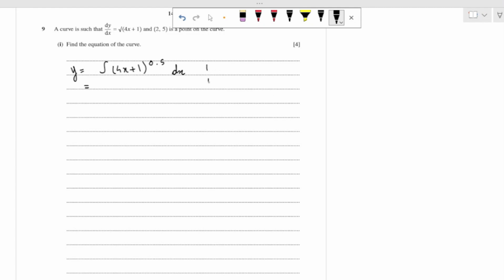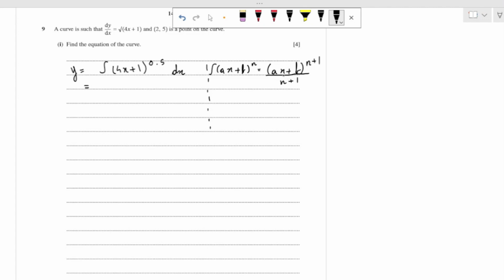So you could remember it this way: the indefinite integral of (ax plus b) raised to power n is equal to (ax plus b) raised to power n plus 1, over n plus 1. But this is just the integration for the terms outside.